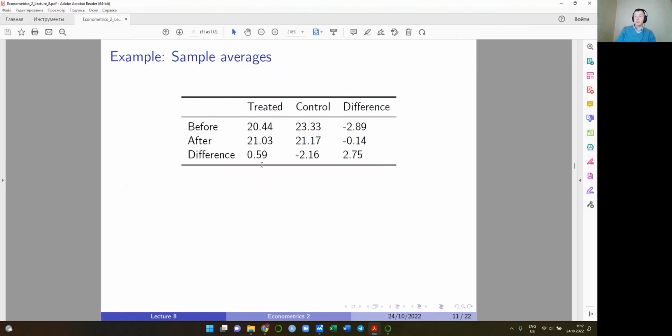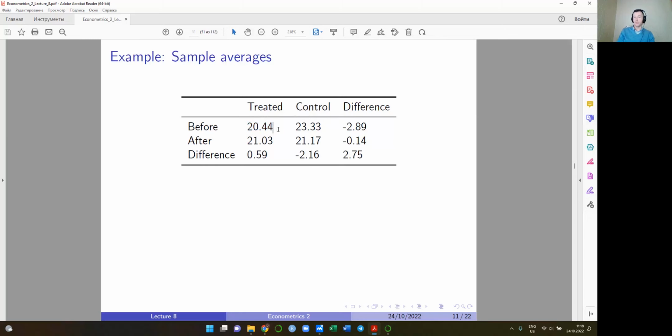So here is a table with the sample averages. Let's see what is here. This is the treated sample of New Jersey restaurants, and the numbers are the average number of workers in the restaurant.